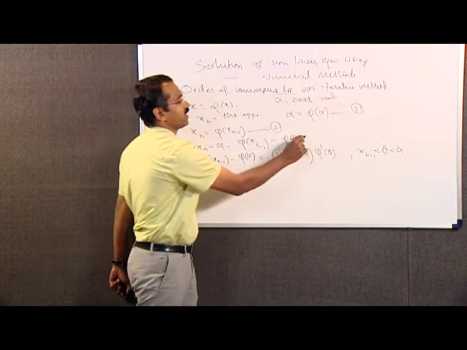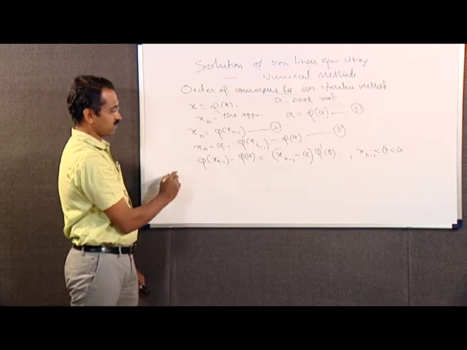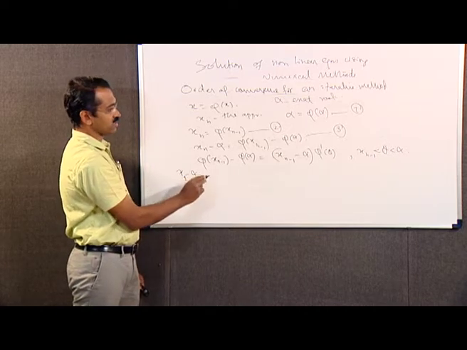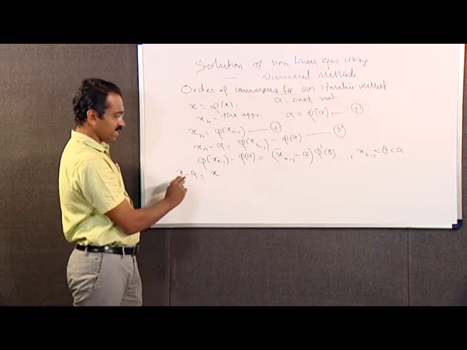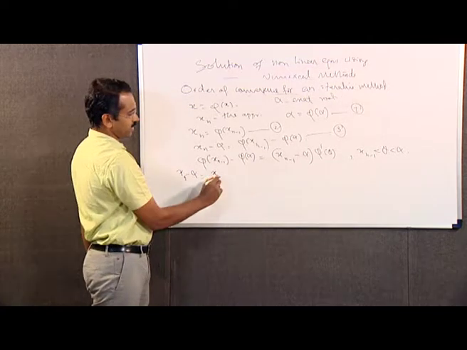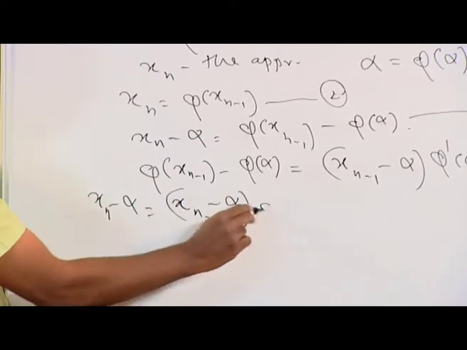Therefore, we can write this third expression as x n minus alpha is equal to x n minus 1 minus alpha into phi dash of theta.